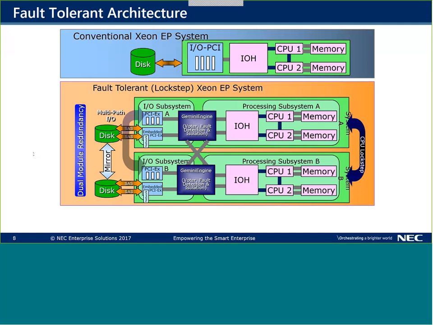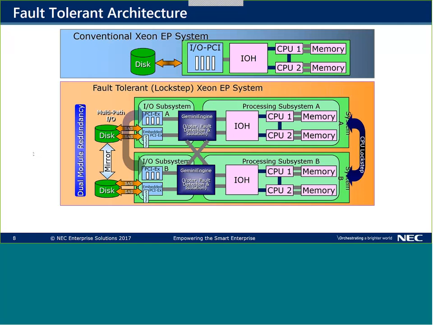So there's going to be a second system with an identical hardware configuration. These two Gemini engines are able to talk to one another and observe the behavior of the system and create an environment where the system can automatically continue to operate in the event of a failure.